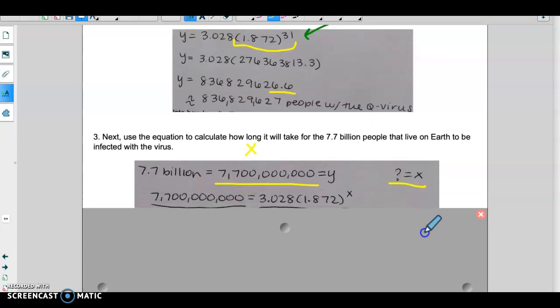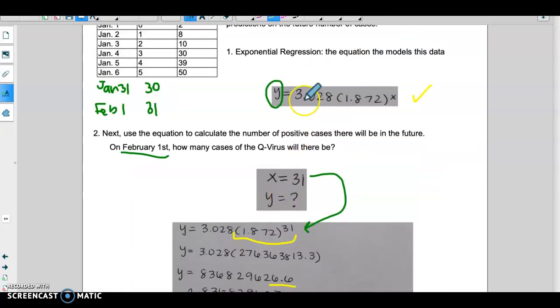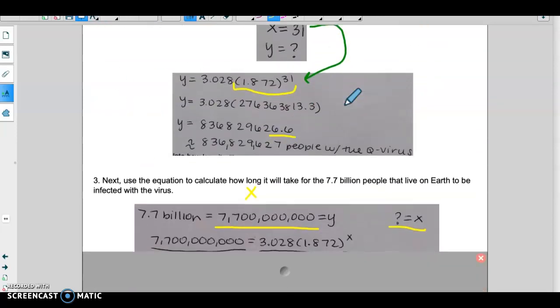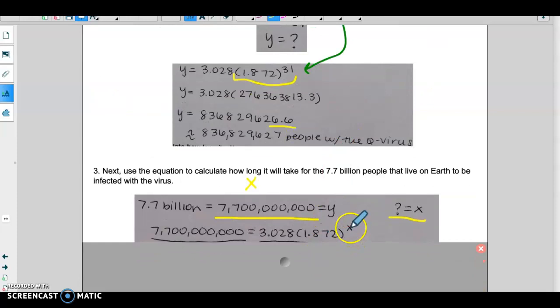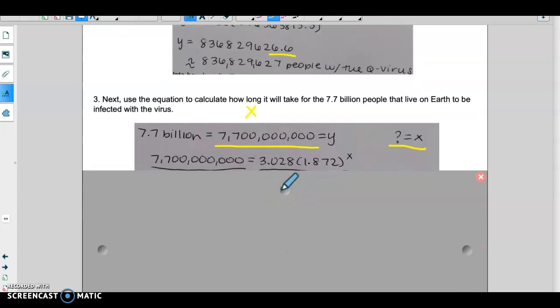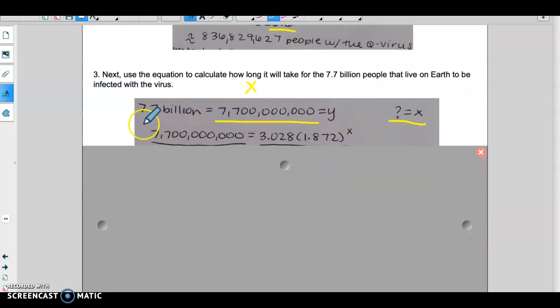Okay, so I'm going to write that number into my equation, right? So now I have 7.7 billion equals 3.028 times 1.872 to the X, because that's what I'm trying to find. So guys, go back to your 5.4 notes, solving exponential equations. That's all this is. First, I have to isolate my exponential term.